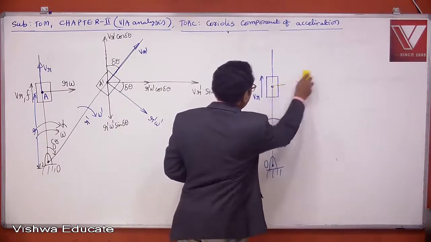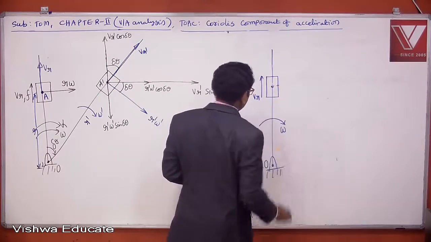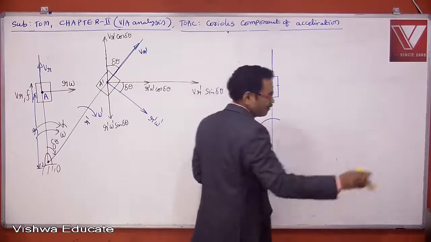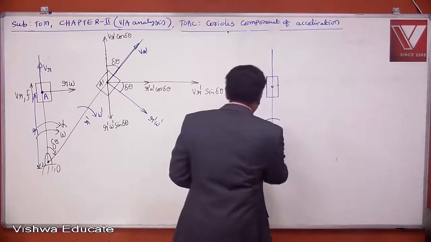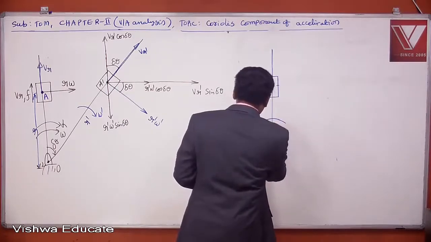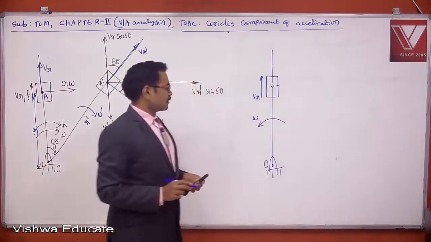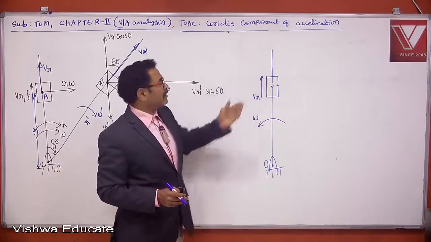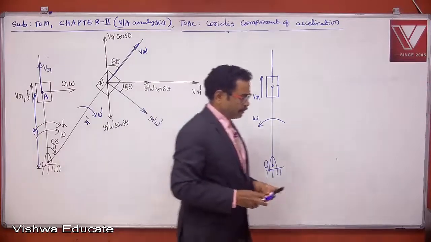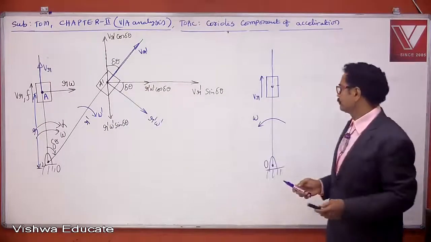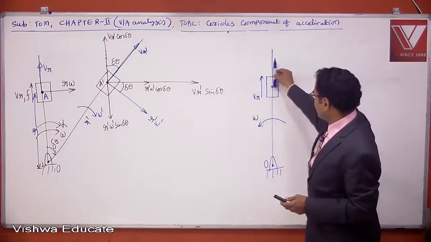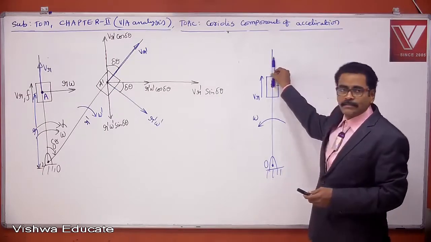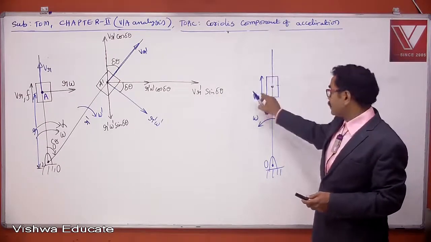Let's say second case. For instance, omega is anti-clockwise. The link is rotating anti-clockwise and the slider is moving away in radially outward direction. So what to do? Put your pen in the direction of radial velocity. VR is upward.